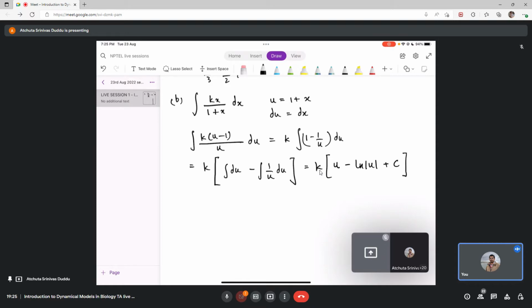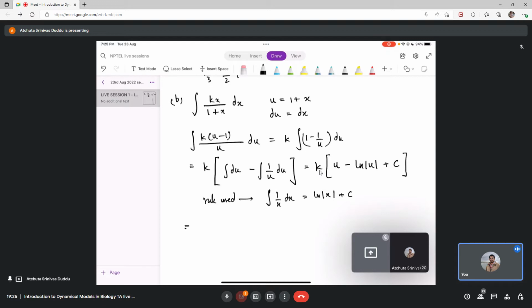Again, the rule used here would be that the integral of 1 by x dx is equal to ln of mod x plus c, of course, right?